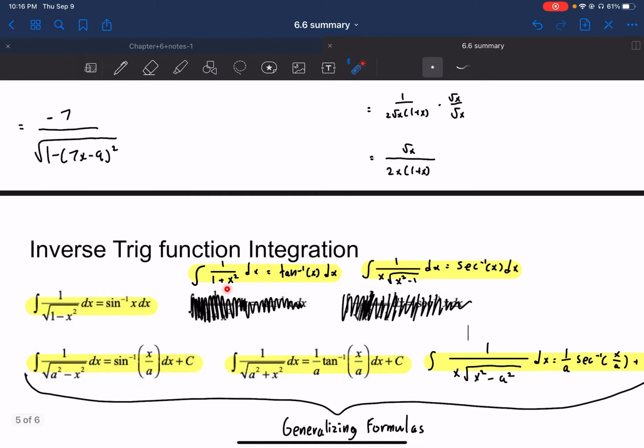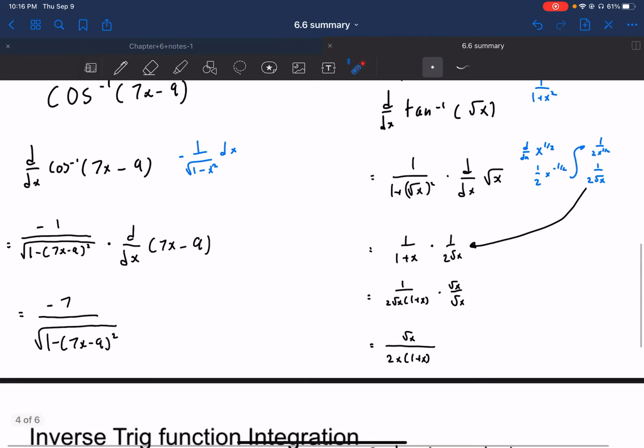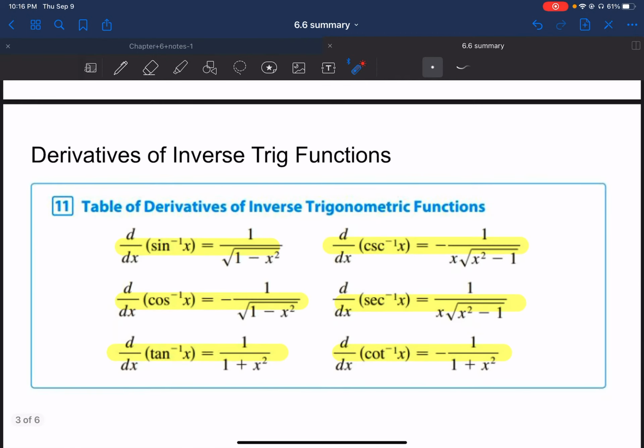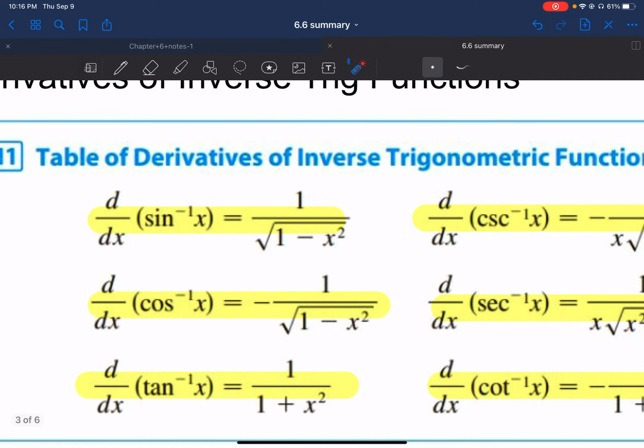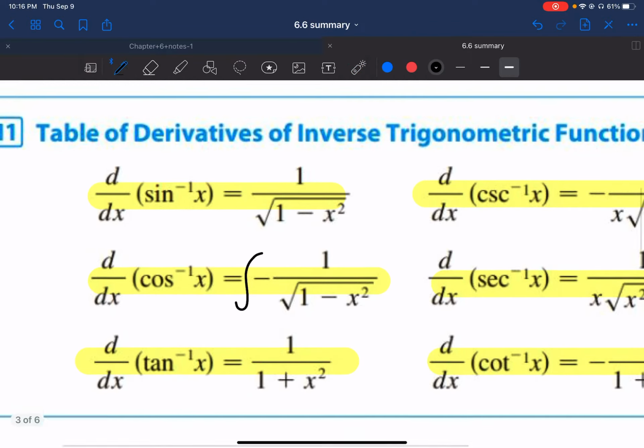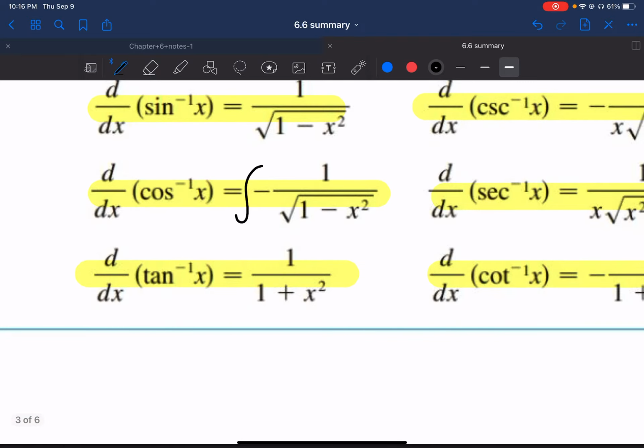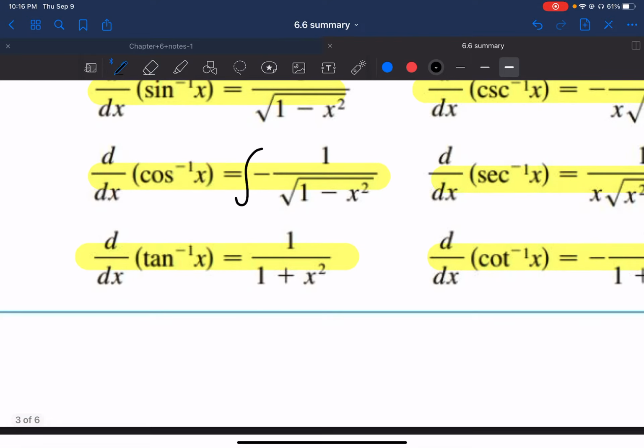And there's only these three right here because you can go from just integrating like this and finding the inverse of cosine, but it would be much easier to just bring that negative out, finding this.